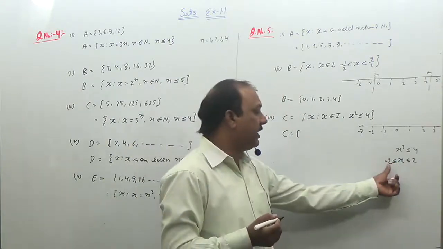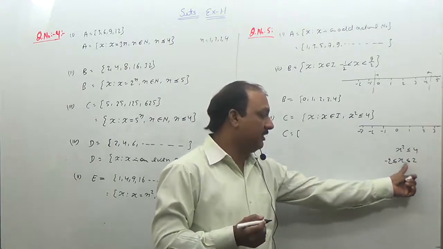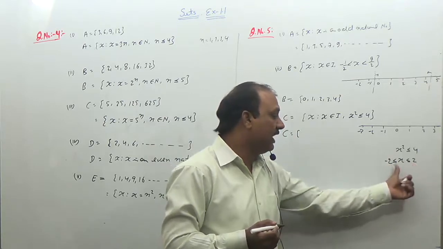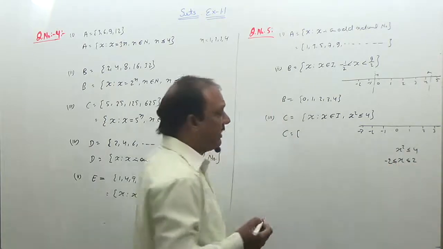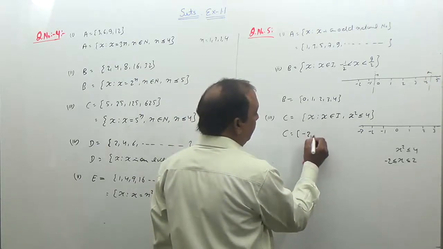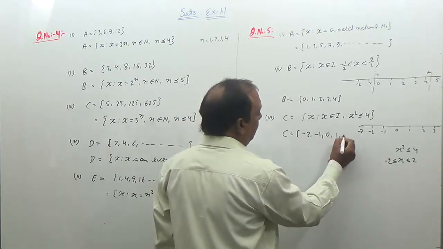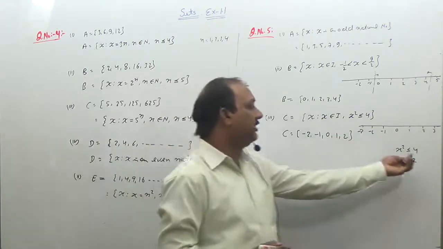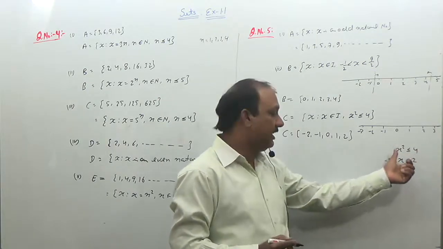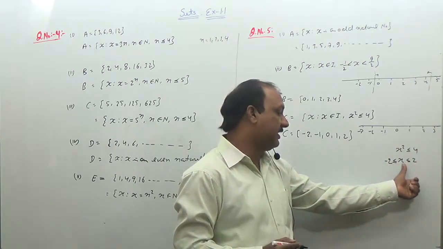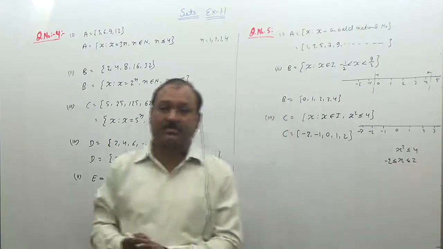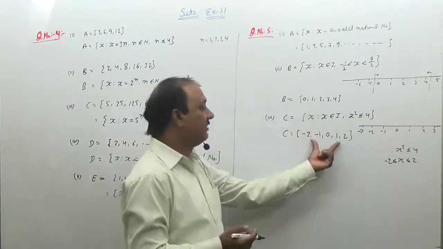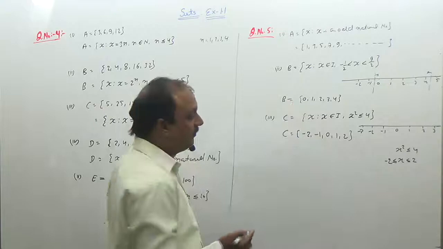So x may be equal to minus 2, or between minus 2 and 2, and all the integers that lie between 2 and minus 2 are minus 2, minus 1, 0, 1 and 2. So here you take such integers which lie between 2 and minus 2, including 2 and minus 2, so their square will always be 4 or less than 4. So this one is the roster form of this given set.